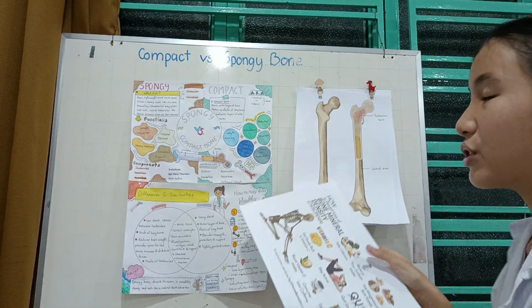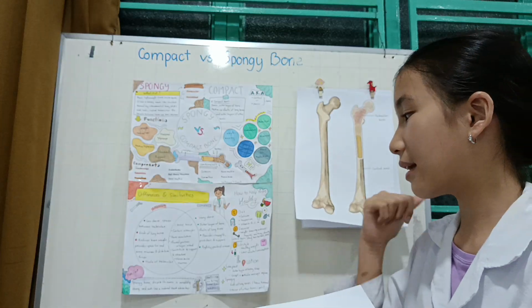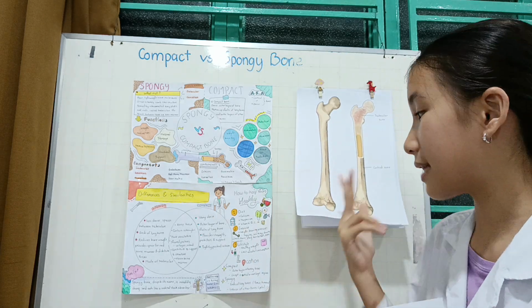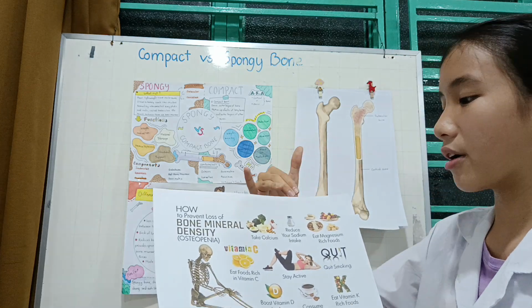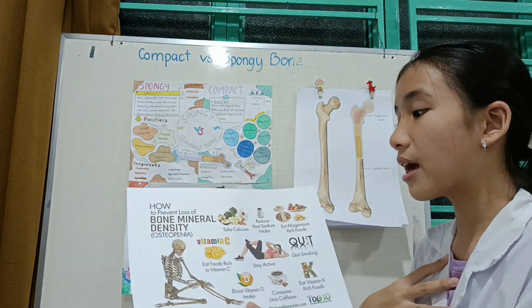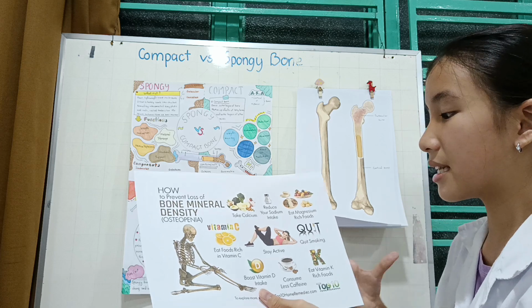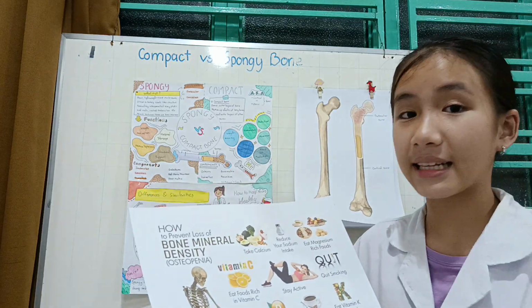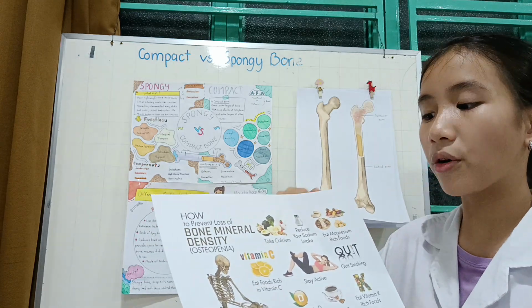Lastly, I want to discuss the ways to keep our bones healthy. Firstly, diet, exercise, and lifestyle. Three main things: diet, exercise, and lifestyle. So firstly, diet. What is in that part? Well, you need to take in calcium, reduce your sodium intake, and eat magnesium-rich foods. Vitamins D, C, and K are all essential to bone health.